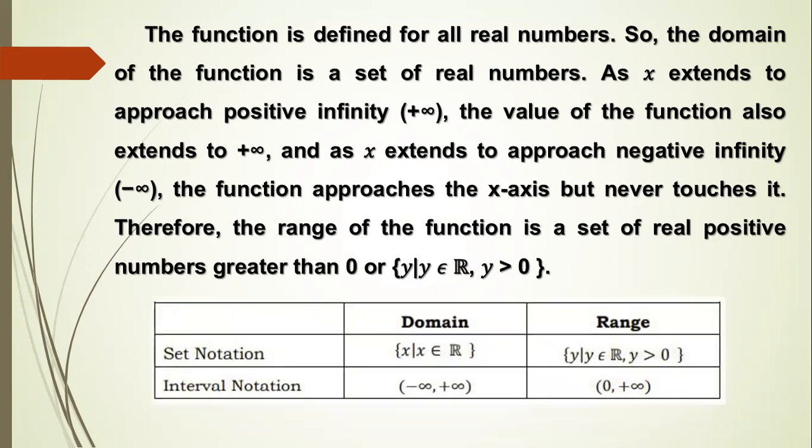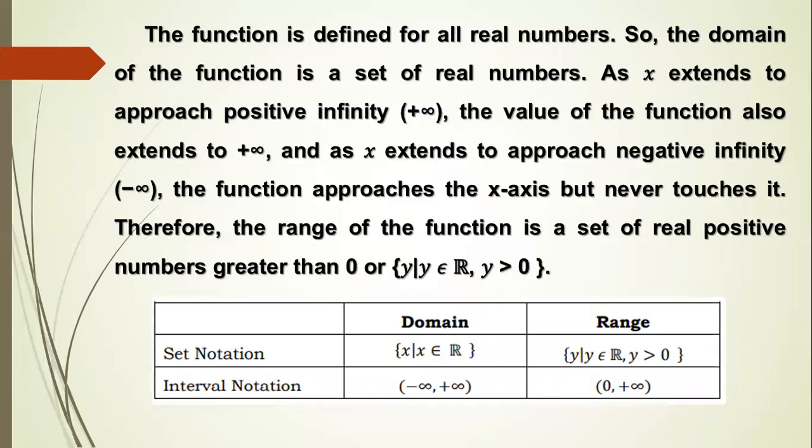So for the finalization of the answer, for the domain in set notation, we have x such that x is an element of R. And for the range in set notation, we have y such that y is an element of R where y is greater than 0. And for the domain in interval notation, we have negative infinity up to positive infinity.